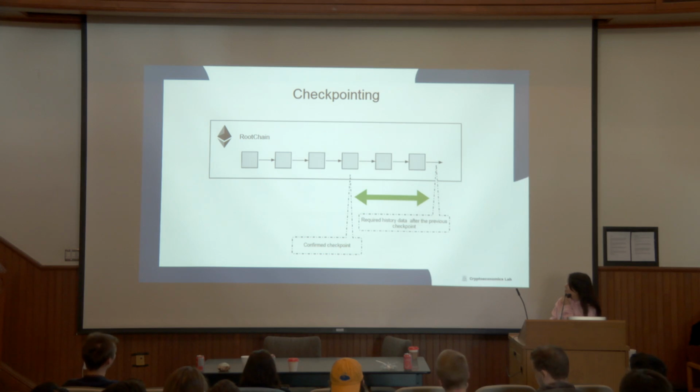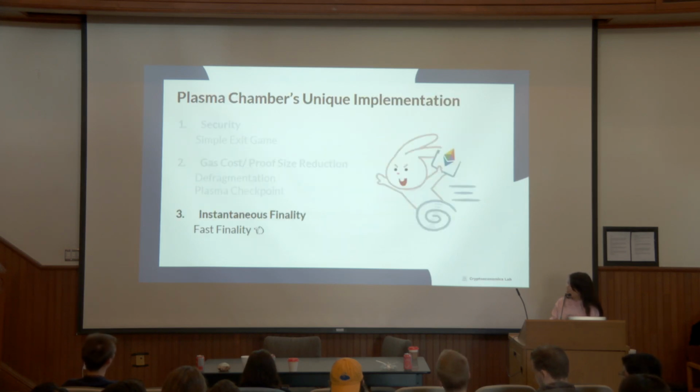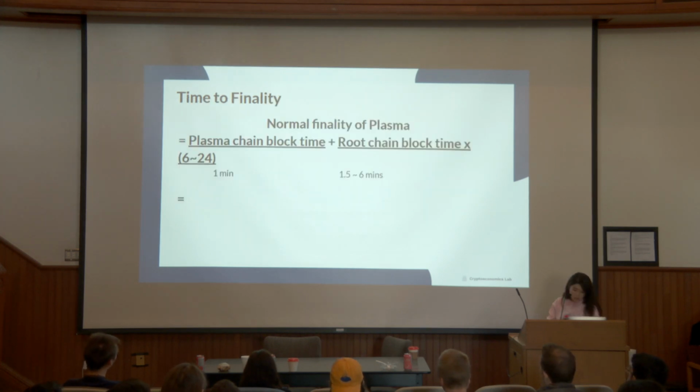So, yeah. And the last feature that I'm introducing is fast finality. Normally it takes around 2 to 7 minutes to get root chain finality, combining child chain block time and root chain block confirmation.